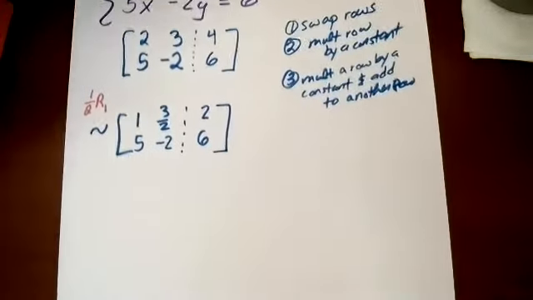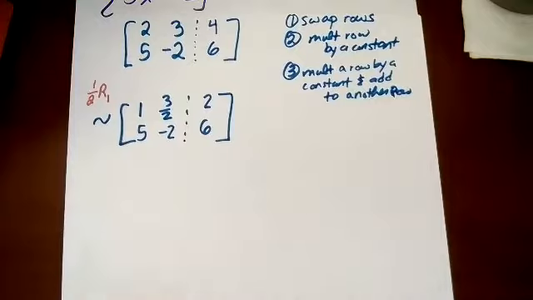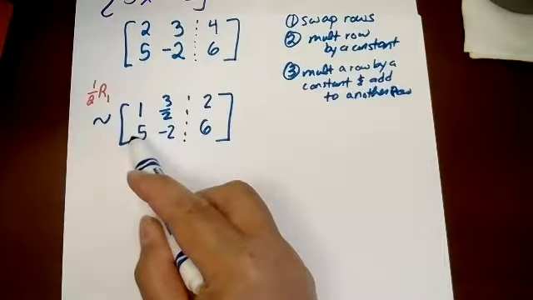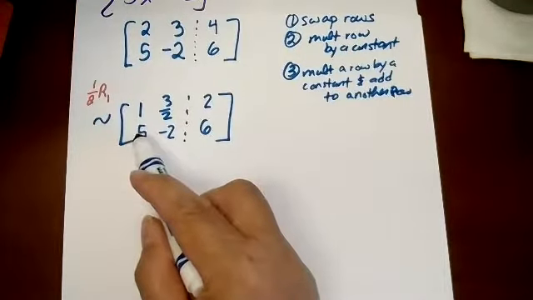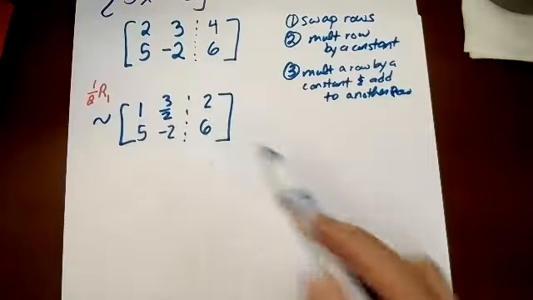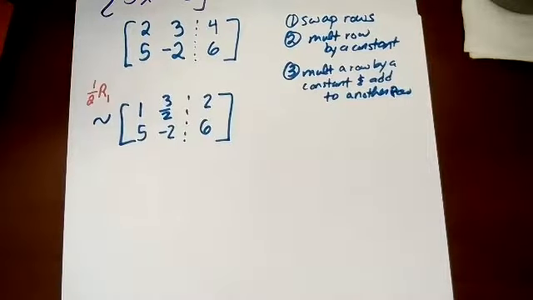Okay. So now my goal is to get a 0 here. What I would need to add to get a 0 here would be a -5. So the way I word it is, pretend to multiply this top row by -5, and then add that to the second row.